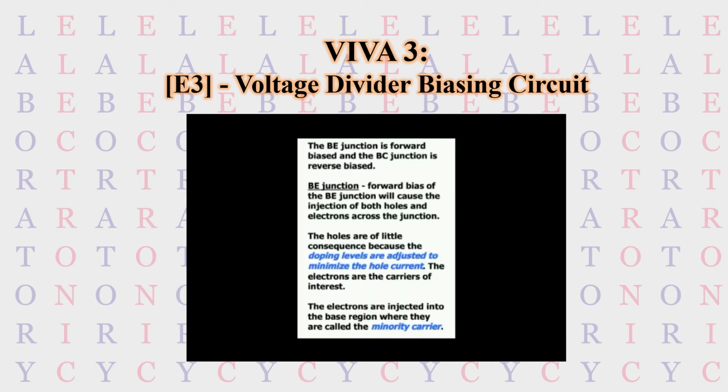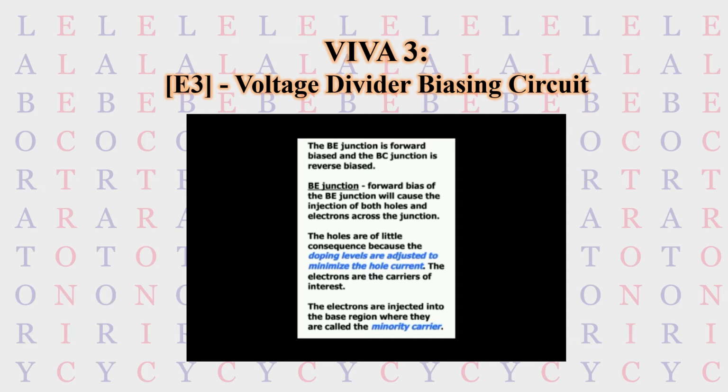So what are the BC and BE junctions? The BE junction is forward biased and the BC junction is reverse biased. Forward bias of the BE junction will cause the injection of both holes and electrons across the junction. The holes are of little consequence because the doping levels are adjusted to minimize the hole current.